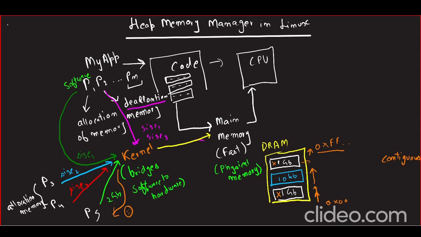But we can actually see that it could allocate 1 GB here and 1 GB here, and it would total out to be 2 GB. But it has to find contiguous space only, otherwise it's of no use.